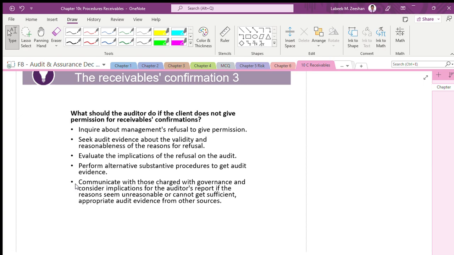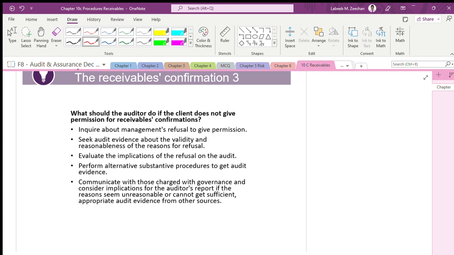What we have learned from this module is that you should not give up. As an auditor, you have to search multiple sources of information for evidence. If this is not there, what is the alternative?